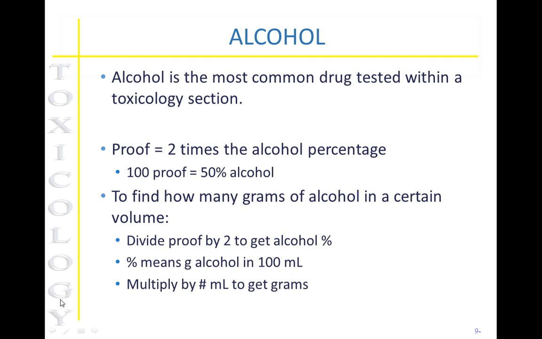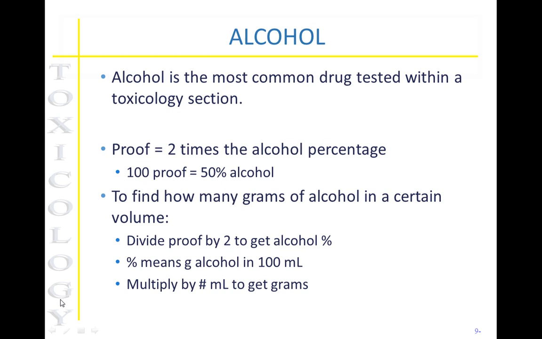To find how many grams of alcohol are present in a certain volume, you divide the proof by 2 to get the percent alcohol, and then the percent alcohol means the grams of alcohol in 100 milliliters.